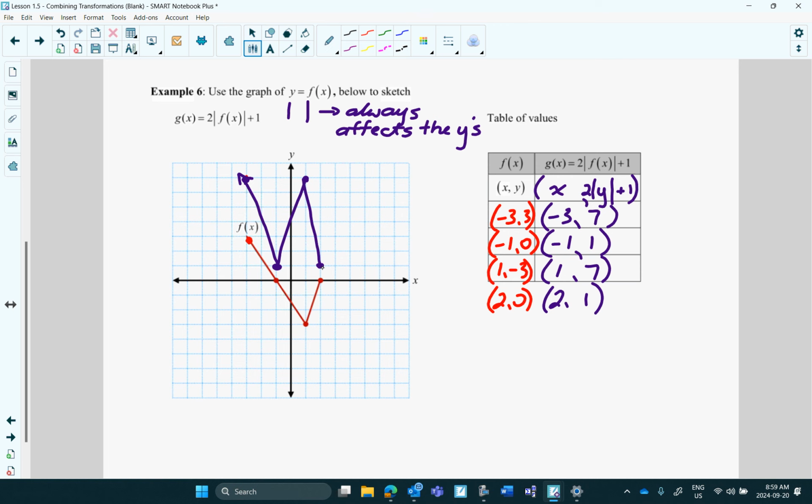This one, we take the absolute value, it stays where it is. We double it, it stays where it is. And then we add 1. This one, we take the absolute value, which means it flips up to 3. Then we double it, then we add 1. So you can also do it graphically. You could even do it graphically to check if it makes sense to you. Okay?